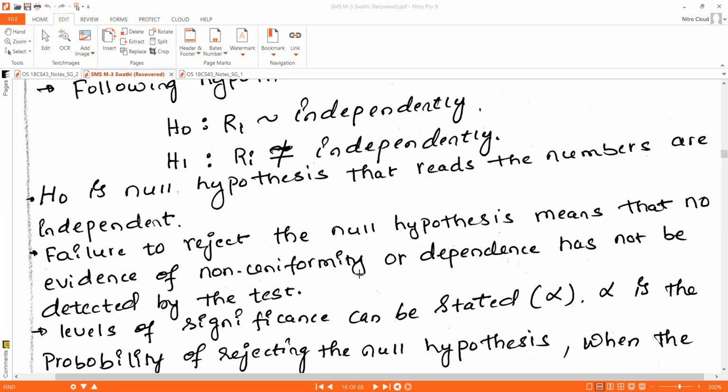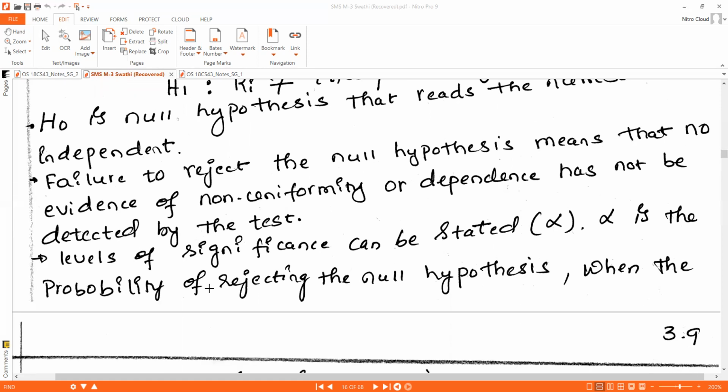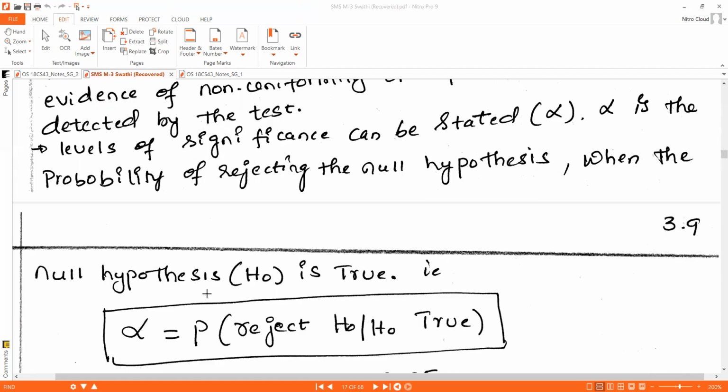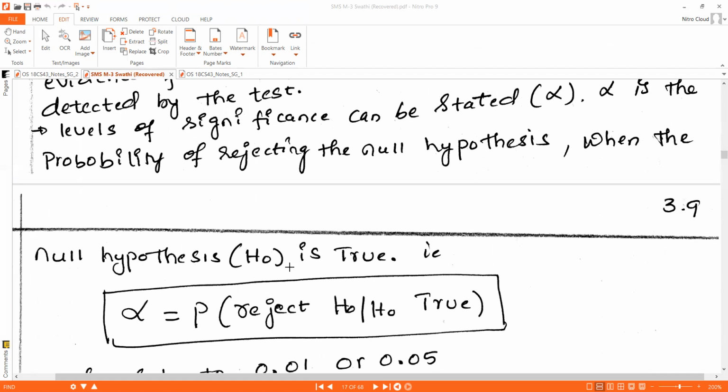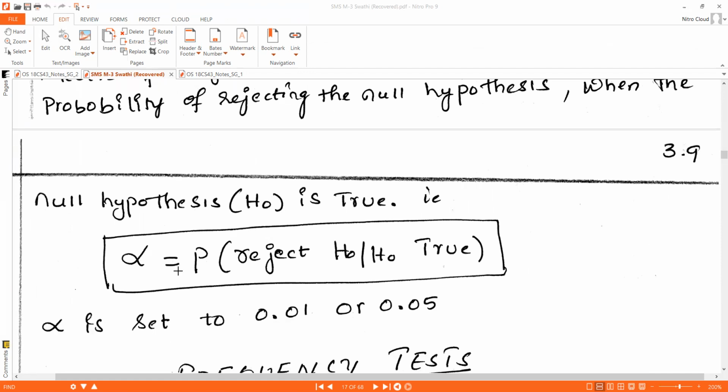The level of significance is denoted by alpha. Alpha is the probability of rejecting the null hypothesis when the null hypothesis H0 is true, that is, alpha equals P(reject H0 | H0 is true).